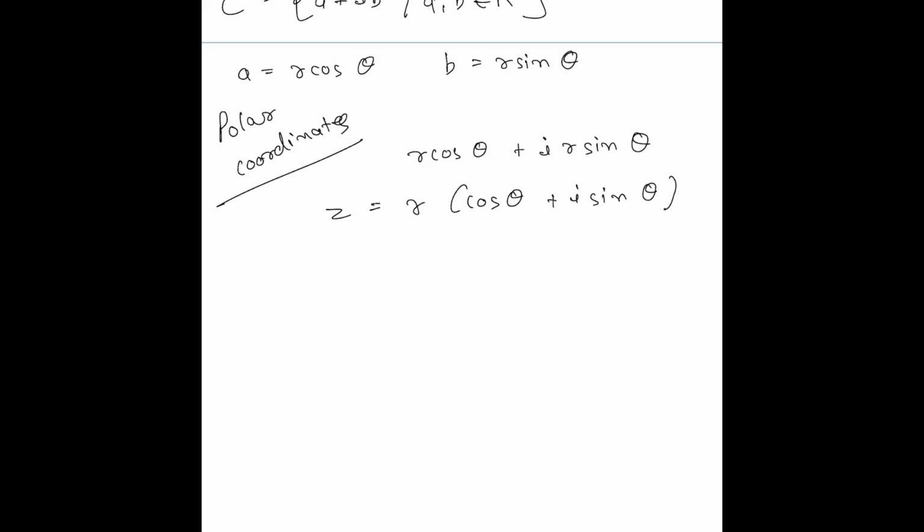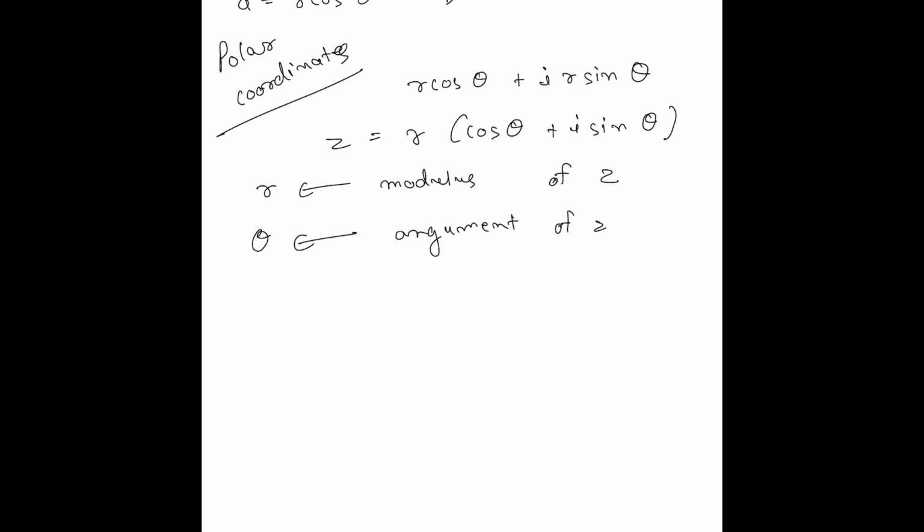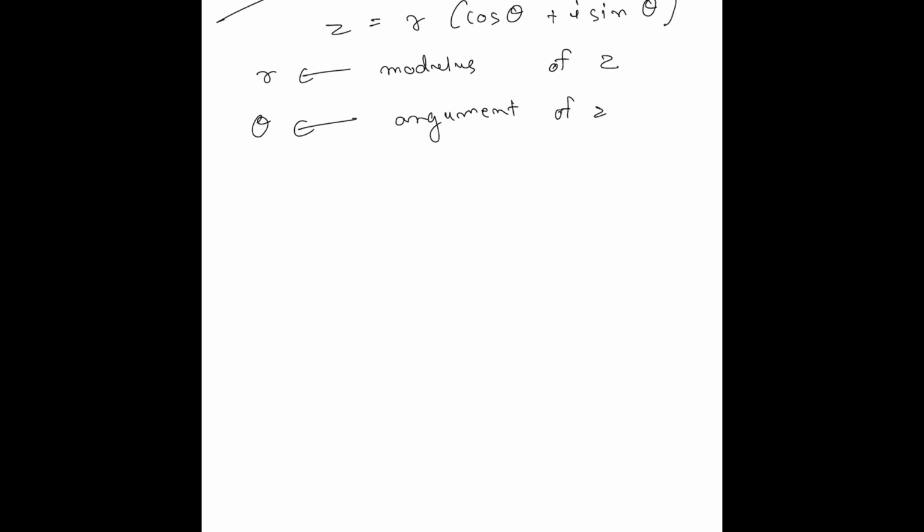Here we call r the modulus and theta the argument of z. How will we find r? Our r, the modulus of z, will be equal to the square root of a square plus b square. So this is our modulus.